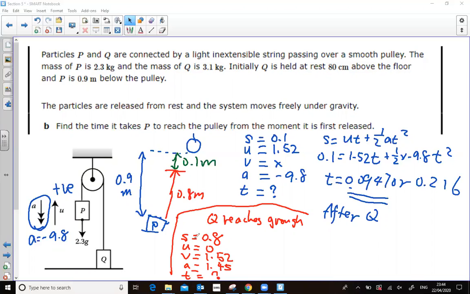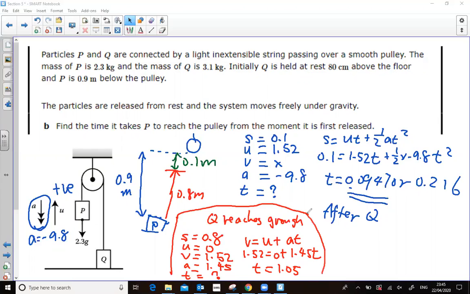So actually, we know all the other information, so we just have to pick a simple formula to use. And I would say probably this one would be the easiest, which would be V equals U plus AT. So V is 1.52, U is 0, A is 1.45, and then T. So T equals 1.05.